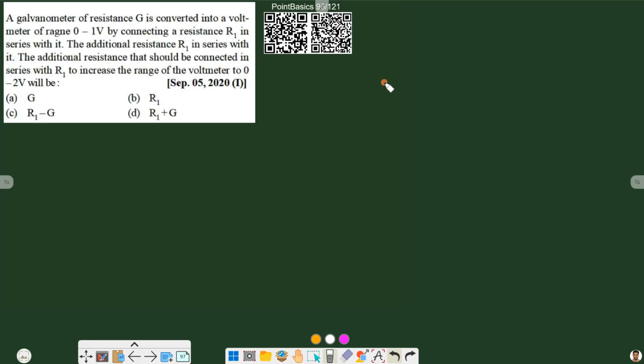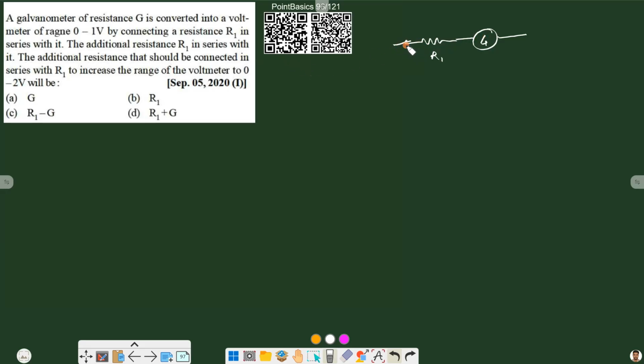The initial circuit looks like this: we have resistance R1, and a galvanometer with its own resistance G. This system gives us a reading from 0 to 1, which means the potential drop across resistance R1 and the galvanometer is 1 volt.